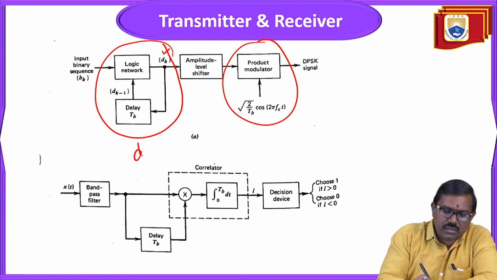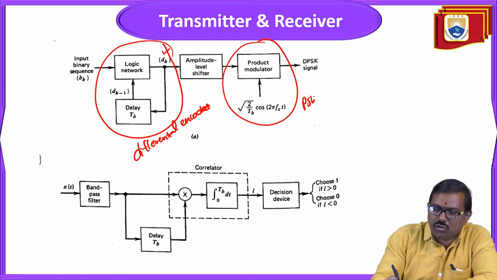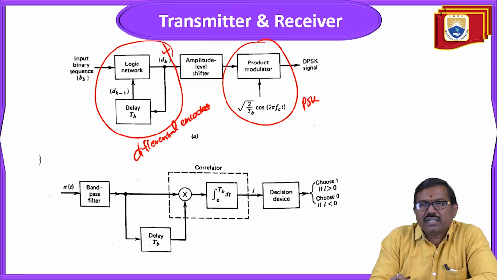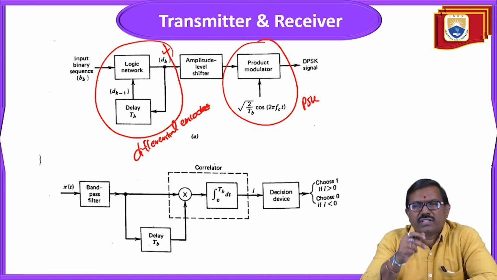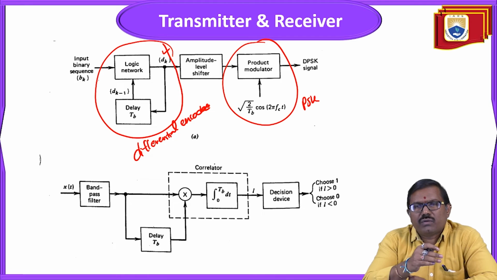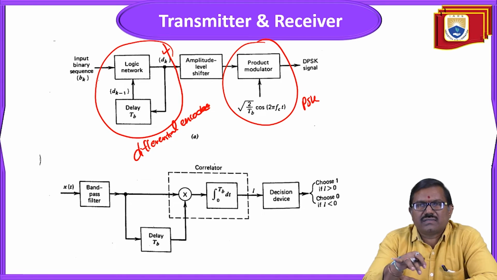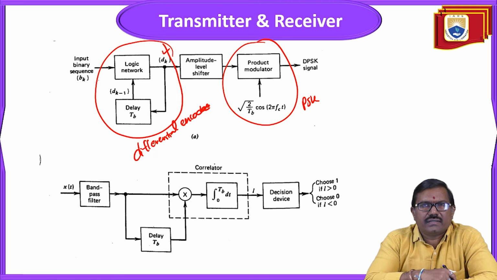So the result is that the DPSK signal is produced. Here just an amplitude level shifter is used. For symbol 1, it is represented as root Eb, and for symbol 0, it is the negative of that.